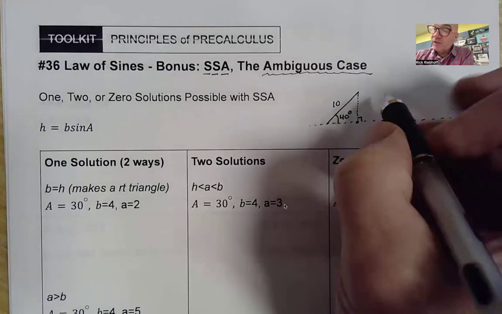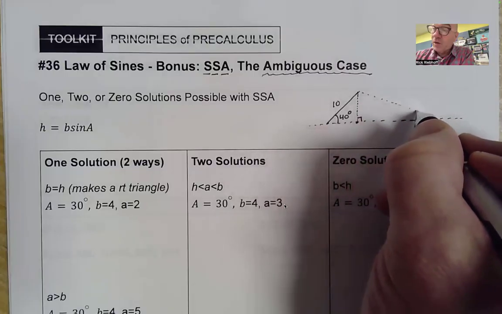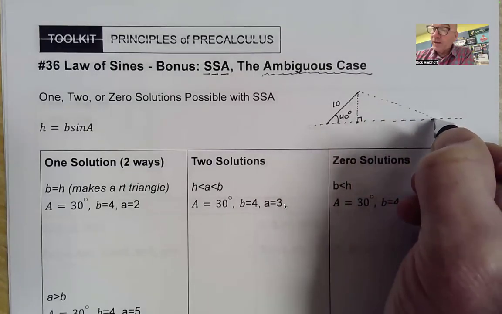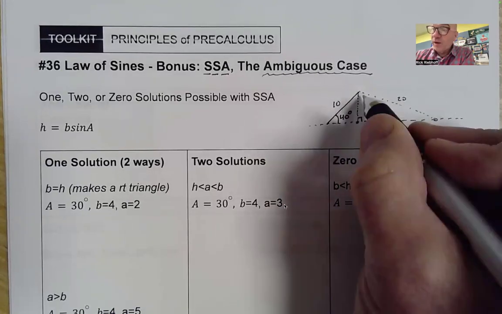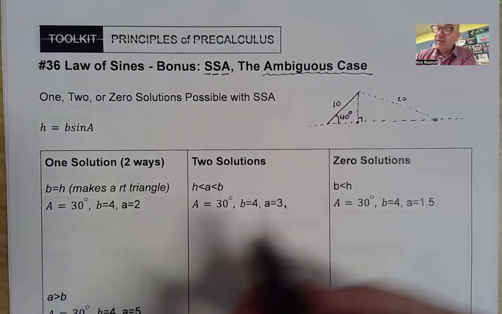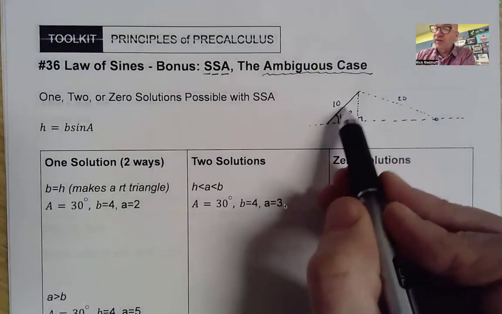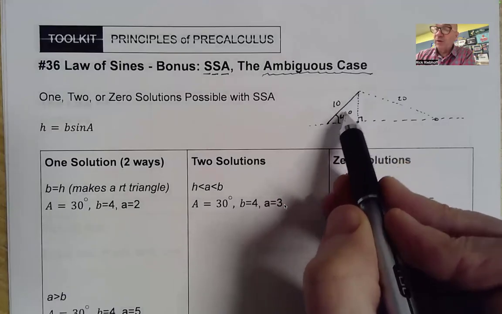Another way to get one solution is, let's say this side was 20. The only place it could go would be all the way over here. If this one's so big, there would be only one place where it could go. We call that A is greater than B. If this is larger than this, it can't go here or here or here.